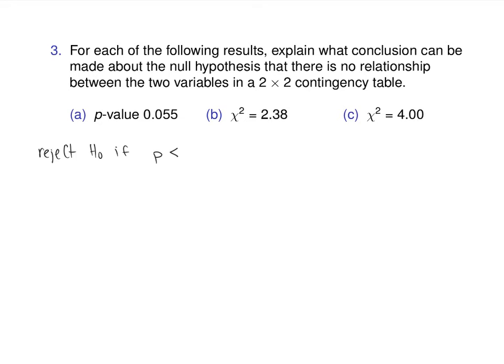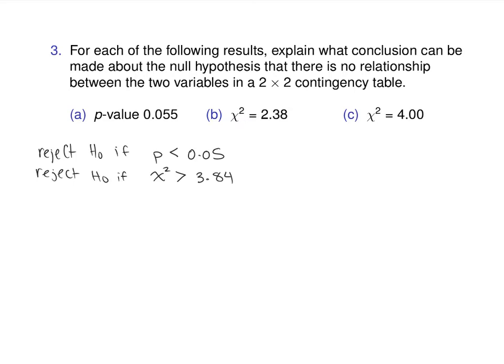Less than 0.05. Yep. And you reject H naught if chi-squared is greater than 3.84. I will never give you a number that's exactly 0.05 and exactly 3.84 because what's on the boundary is a little bit ambiguous, okay?